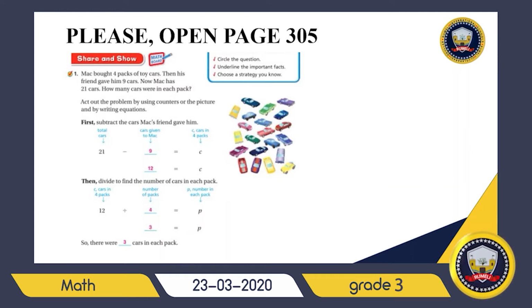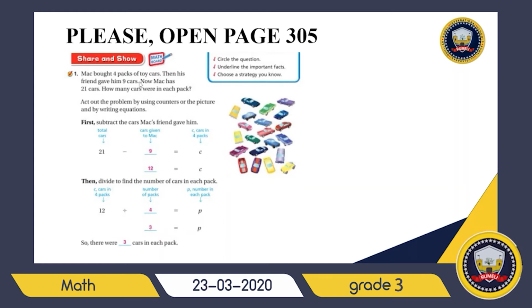I need to do division, right? Perfect. So in total he has 12 cars in 4 packs and he has 4 packs. I need to write the number of packs here. 12 divided by 4, or 4 times what equals 12. So it will be 3. It means there are 3 cars in each pack.